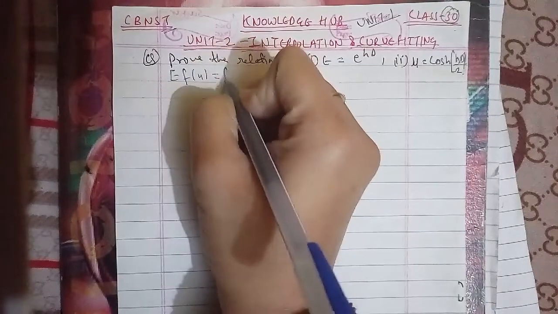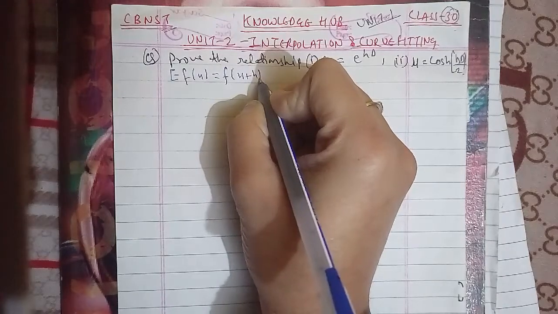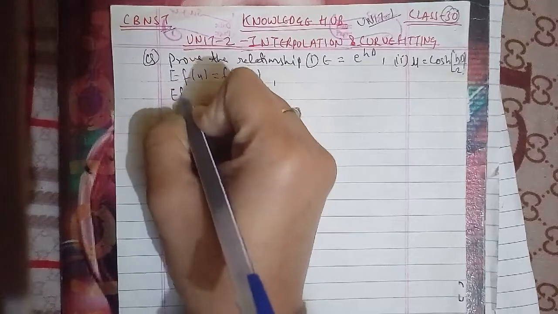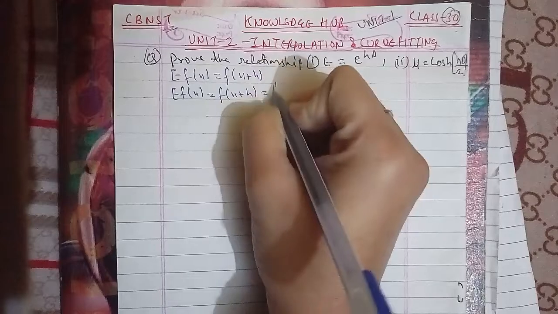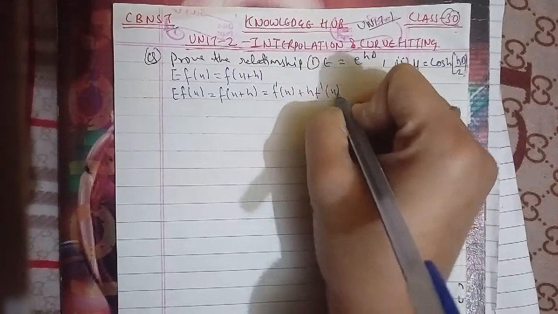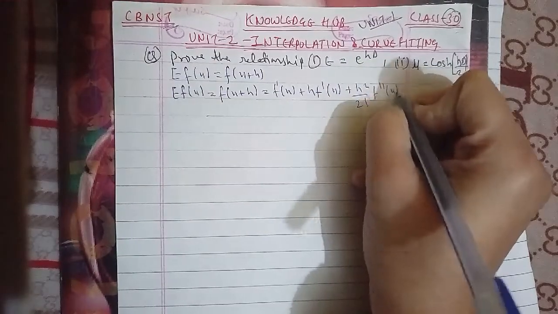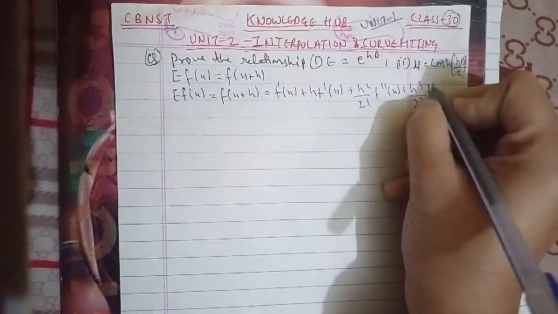Ef(x) equals f(x+h). Expanding f(x+h) by the Taylor series around x, we get Ef(x) equals f(x+h) equals f(x) plus h f'(x) plus h square upon 2 f''(x) plus h cube upon 3 f'''(x) plus further.